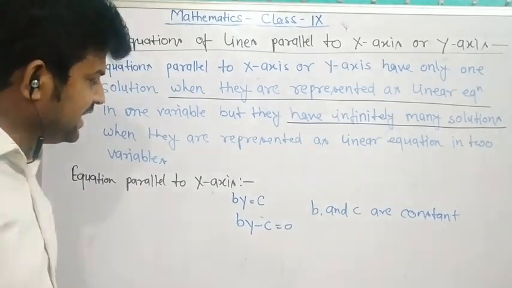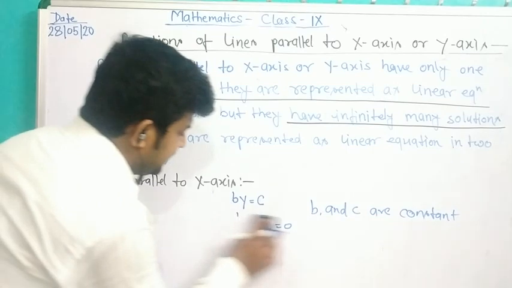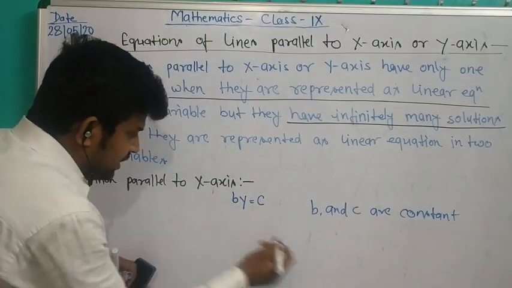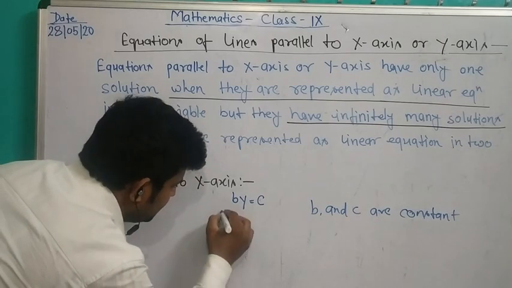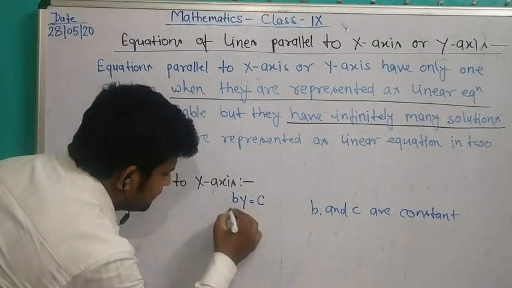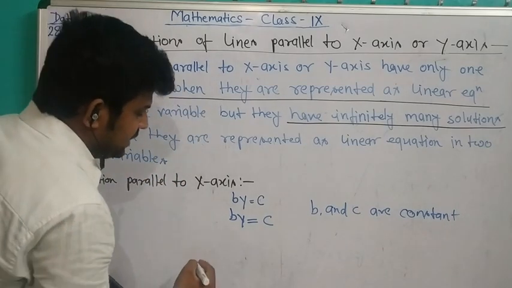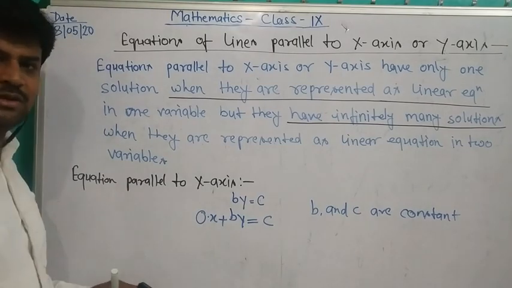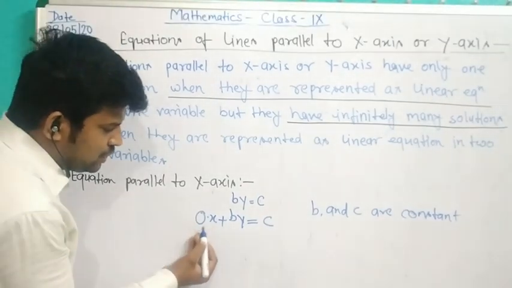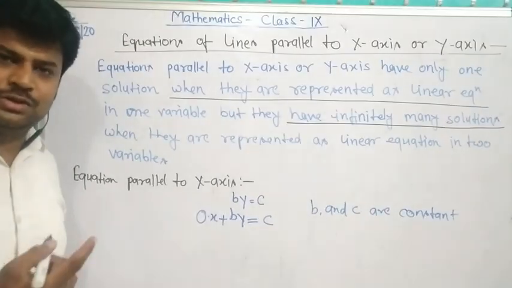But how can we write a linear equation in one variable in the form of two variables? There is only one variable, y. The given equation is by = c. Can we write 0 into x plus by = c? The value of 0 into x is equal to 0.